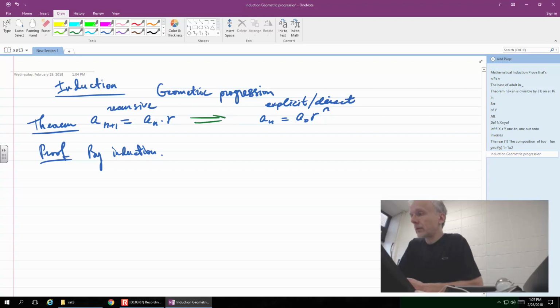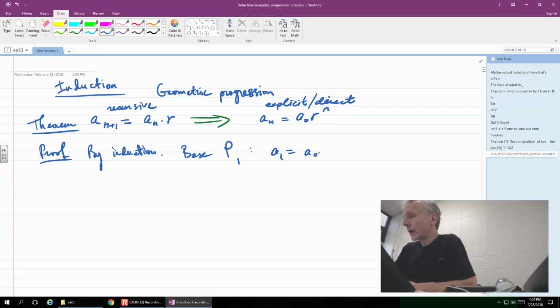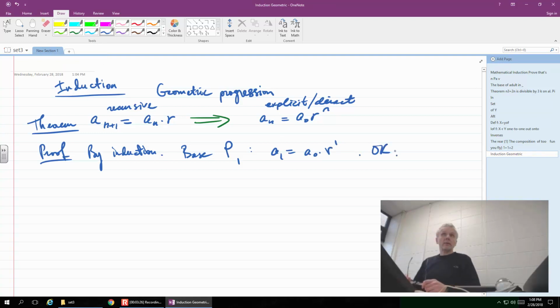So by induction, base P1, let's say P1. P1 is A1 is equal to A naught times R first power. Works out, right?